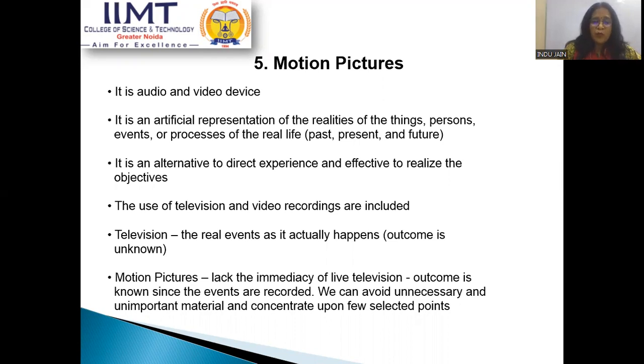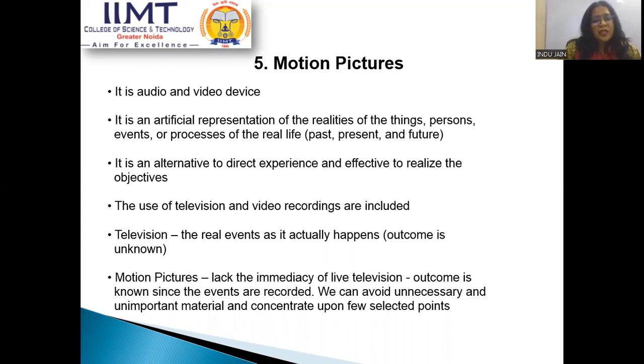Just like when we see a movie, we are very interested in seeing that movie, and we remember many scenes after the movie is over, because we are interested in seeing it, or we can say that our concentration is increased when our eyes and ears both are involved in the teaching learning process.